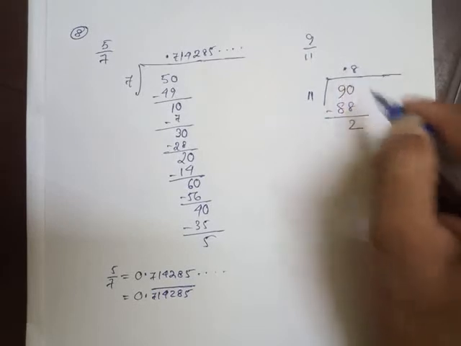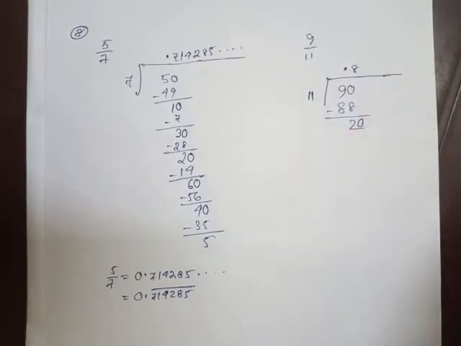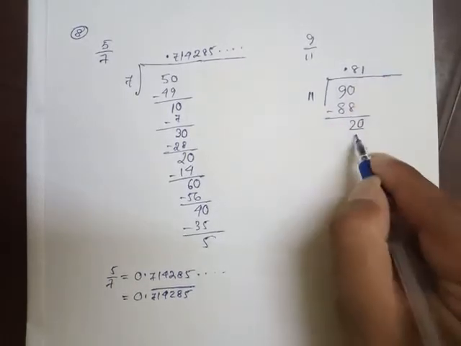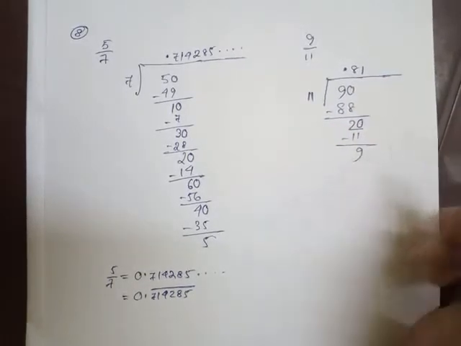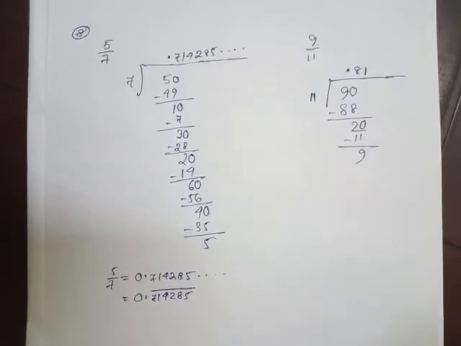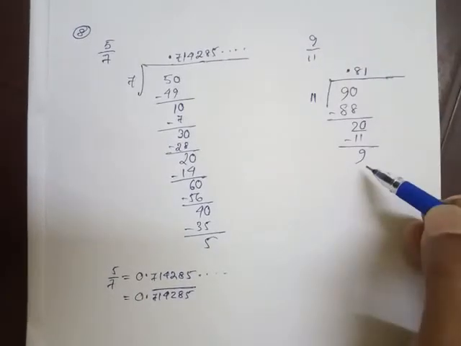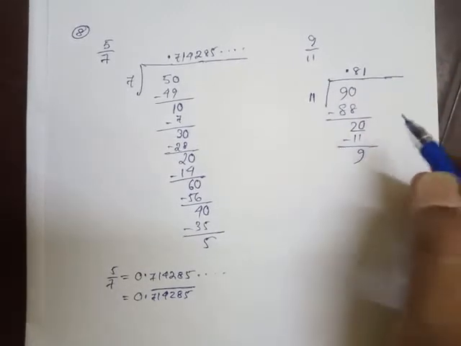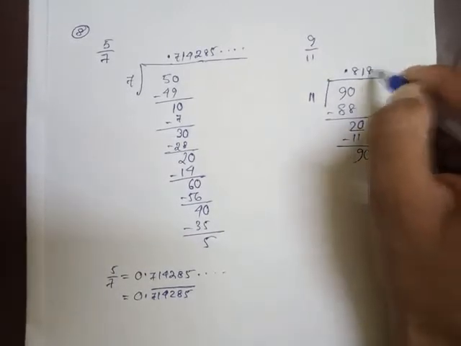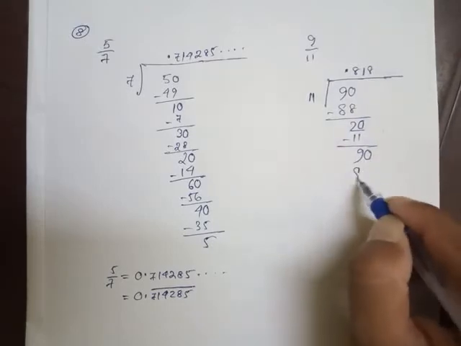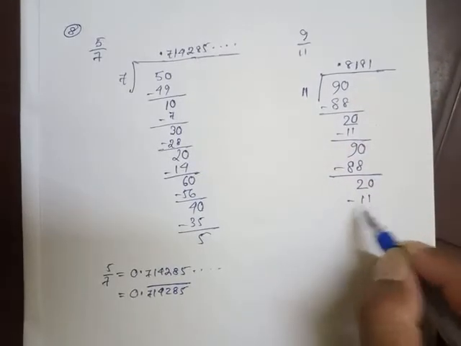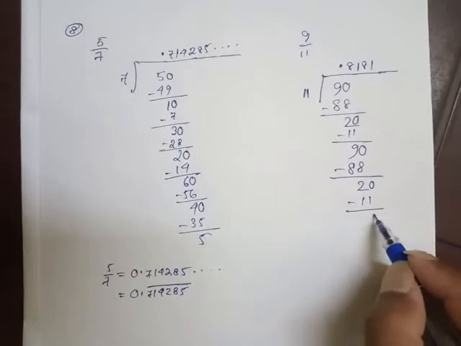Since there is a decimal point, there will be 0, means 20. 20 means 11 1s are 11, so again 9 here. Now look here, when you start with 9 and get 9 again, at least show 2 more steps, means again 90, so 8, then 88, then again 2, decimal point, 0, so 1, then 11, so it will be 9 again.